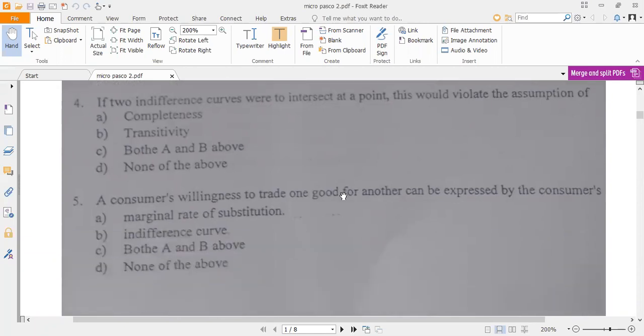All right. Question 5. A consumer's willingness to trade one good for another can be expressed by the consumer's. Right. So if you have two goods in the two commodity case, we use the marginal rate of substitution to measure the willingness of the consumer to trade one good for another good.